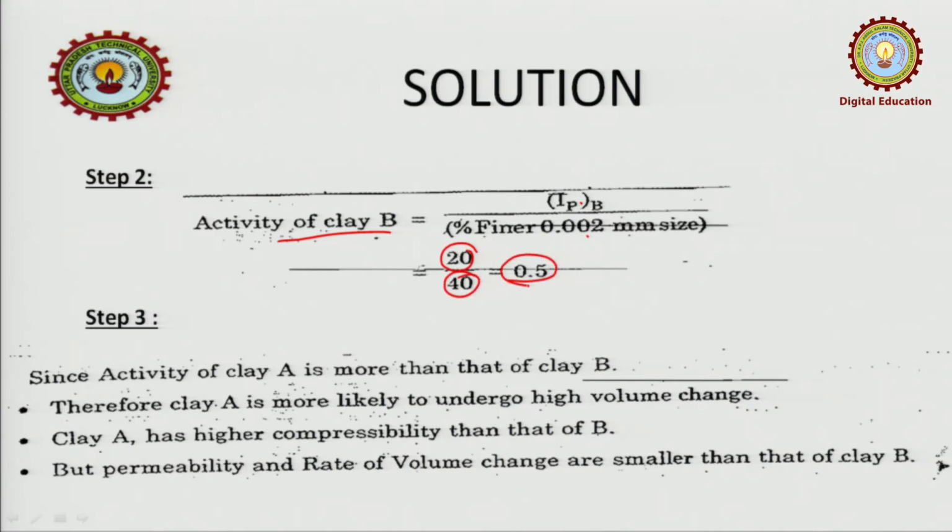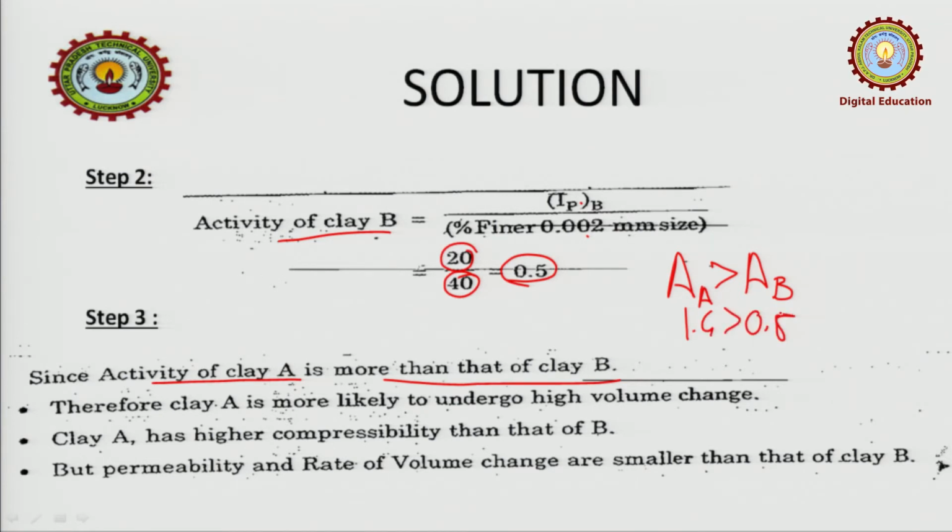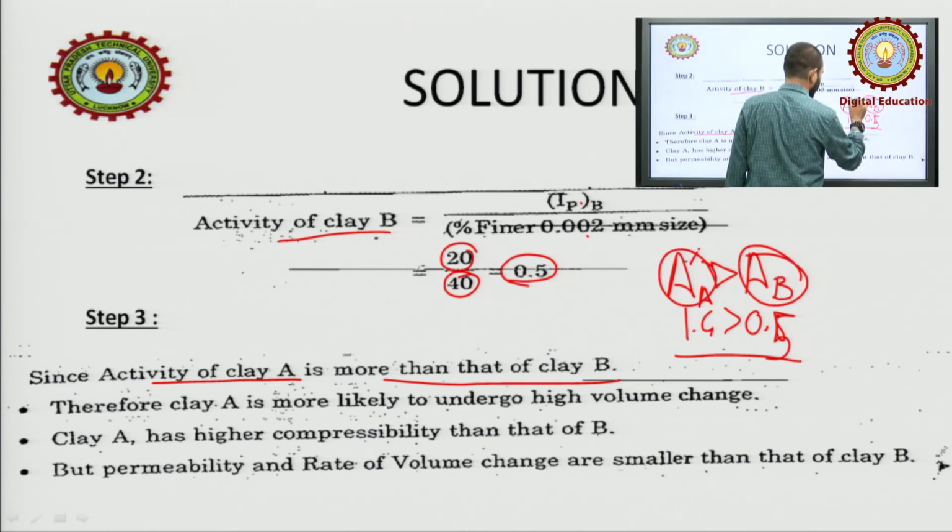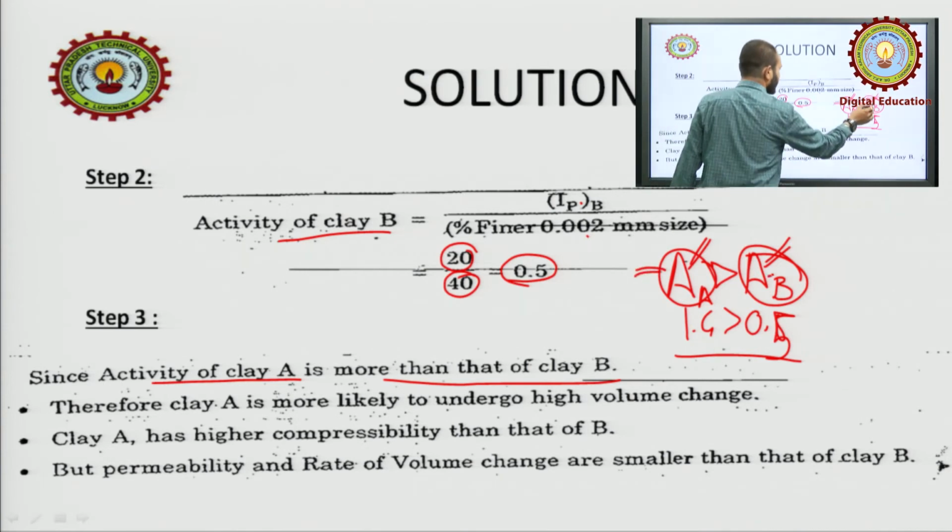What does this mean? Clay A has the more activity. Activity for A is greater than activity of B, because it is nearly 1.4 and it is only 0.5. So you can say this is more active than this. It has more clay particles than this. It has more swelling property than this.